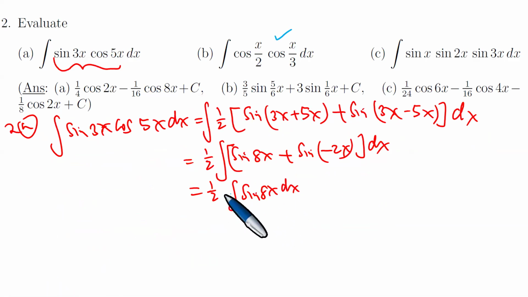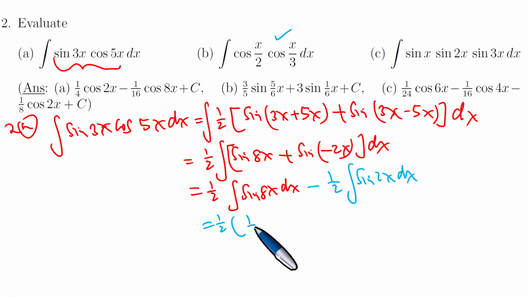So now this means that it's 1/2 the sine of 8x. Now the sine is an odd function, so the negative goes through, and then we have minus 1/2 the integral of the sine of 2x dx. And this is 1/8. What is the integral of the sine? It is the negative cosine.